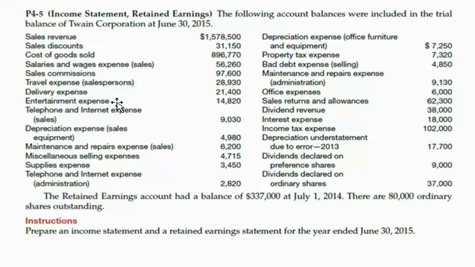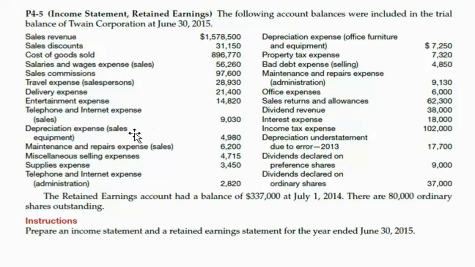Then entertainment expenses are generally expenses for sales persons, so entertainment expenses are sales expenses. Then telephone and internet expenses, which it says between brackets are for sales, so they are directly sales expenses. Depreciation expenses for sales equipment. As long as it says sales, it is selling expenses.